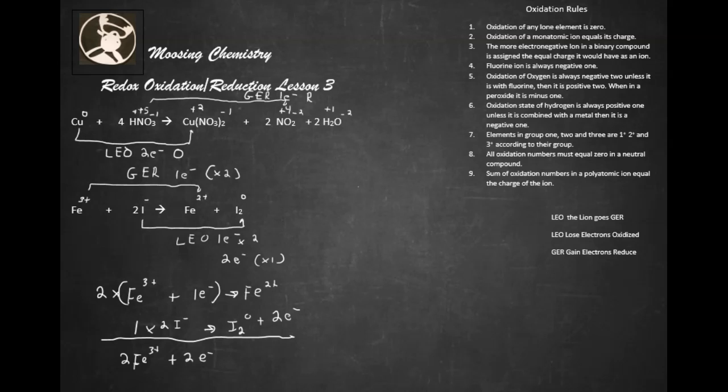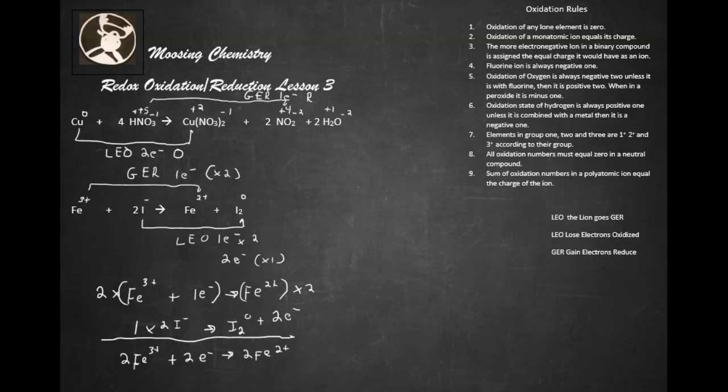Okay? So that would give me, of course, 2 Fe 2 plus. Because what you do to one side, you're going to do to that other side, it looks like. So we're also going to multiply that side by 2.